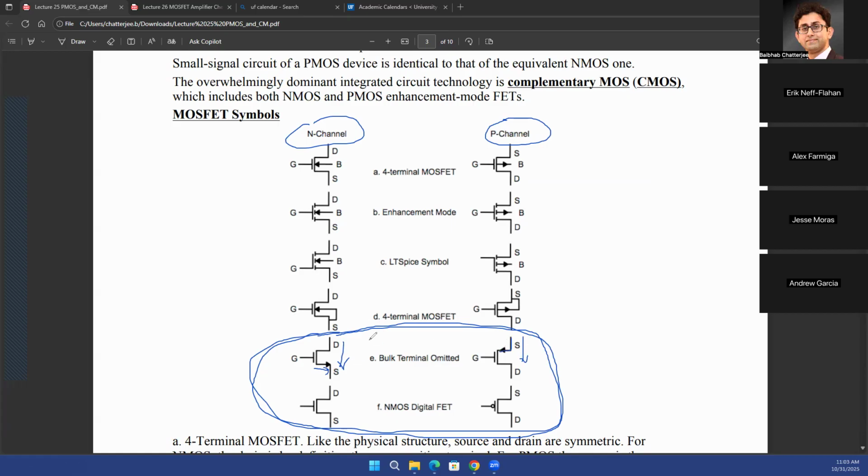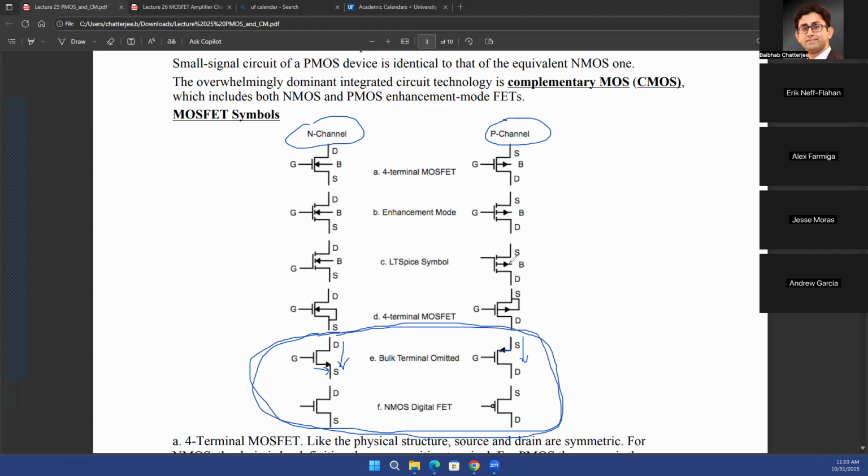So that's what you use for modern symbols of NMOS and PMOS. But these previous symbols also existed for the last 30, 40 years. You should just know that they existed. But in the modern tools, you'll only be finding these last two versions of the symbols. Although your LTspice is not a very modern tool, and that's why you'll see the previous symbols there. Yes, question.